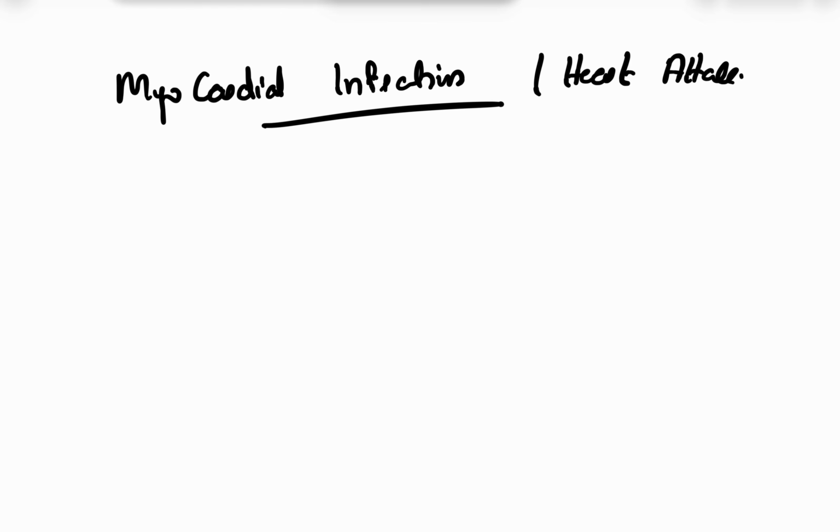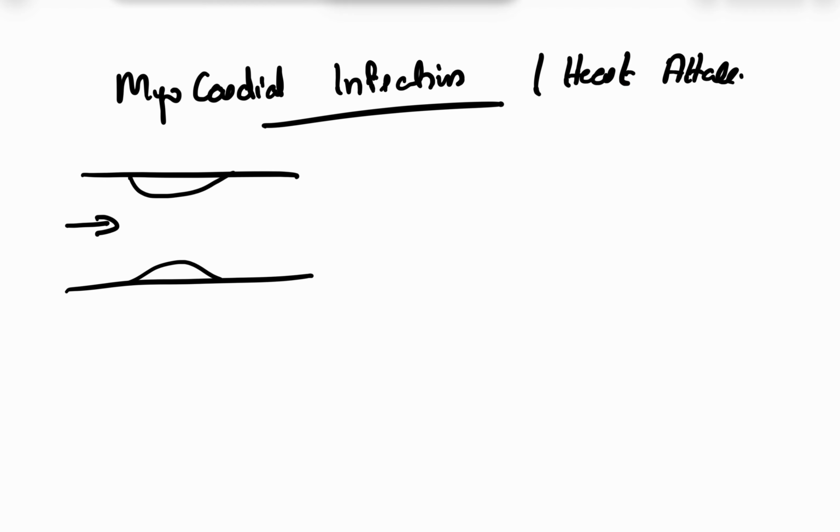So if there is a spasm, or atherosclerosis, or a blood clot which results in a lack of oxygen supply to the heart muscles, the patient is at risk of having angina.